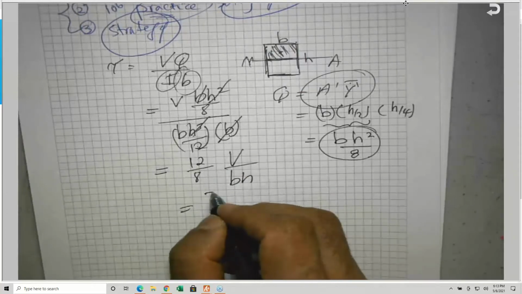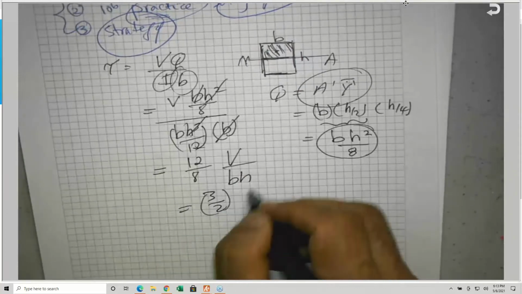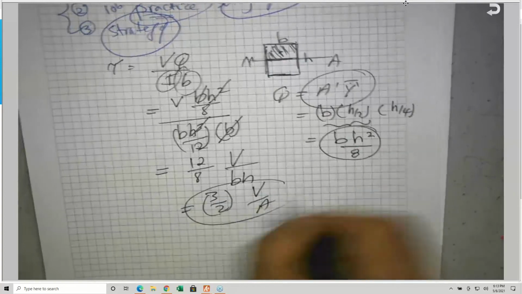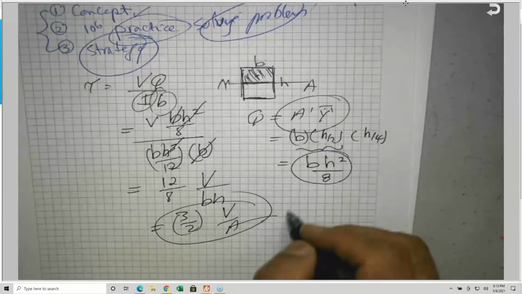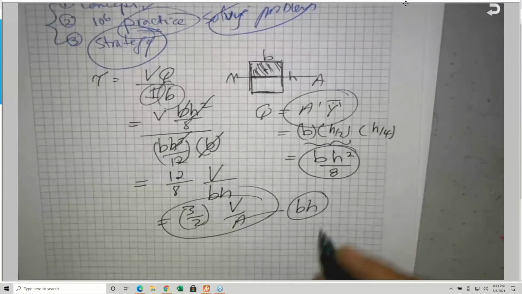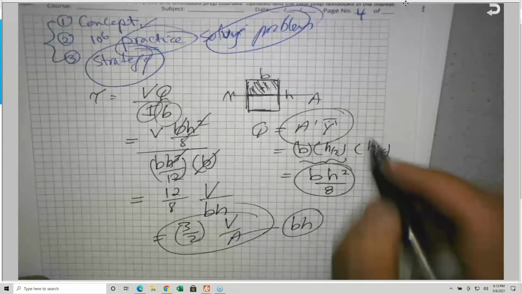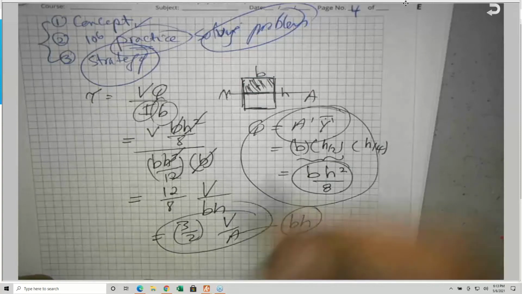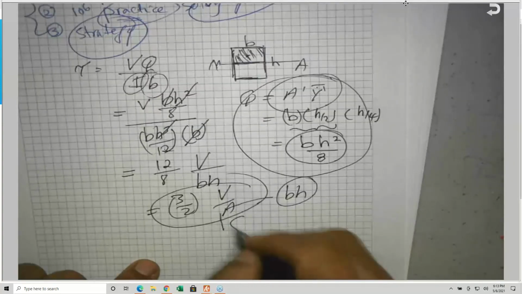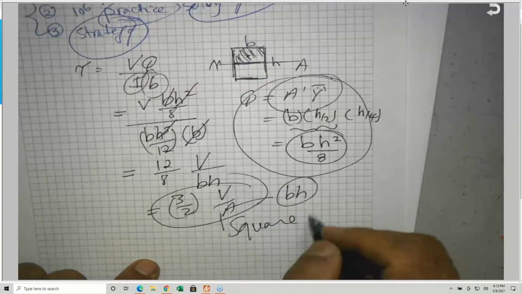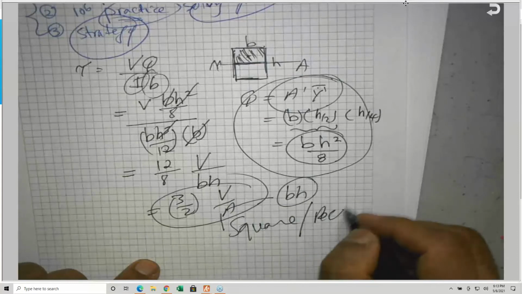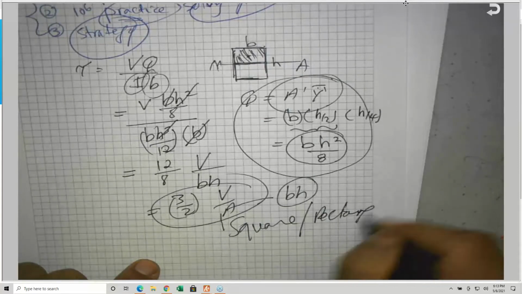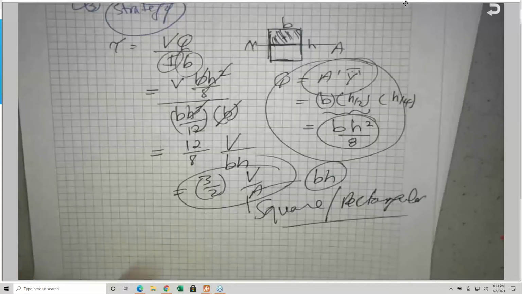So this is 3 over 2, or 1.5, V over A, where A is the area of the cross section, B times H. This is only a special case, only for square and rectangular sections.